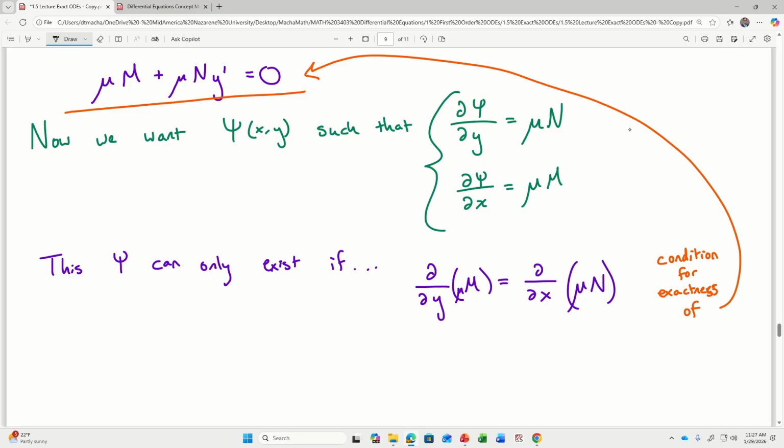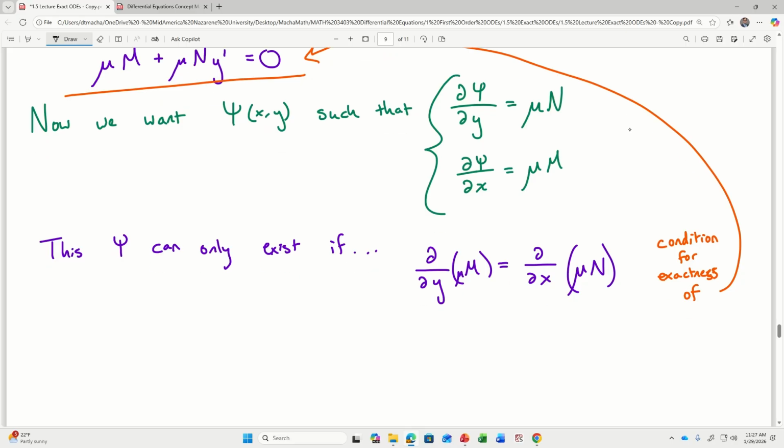What is the partial with respect to y of mu times m? So think about the derivative product rule.